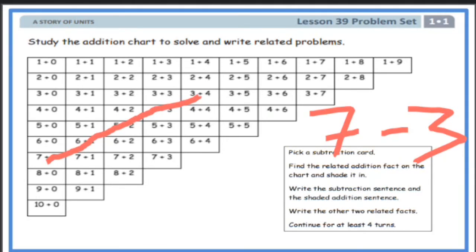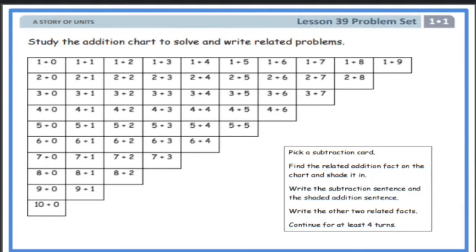They will give us the same total, which is 7. Do you understand? Yes. So let's shade it now. It says shade the related addition fact. Okay, so let me shade it. You see that? I'm shading that now. So I am done. Good.